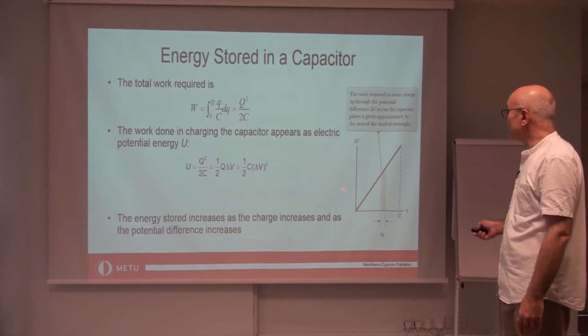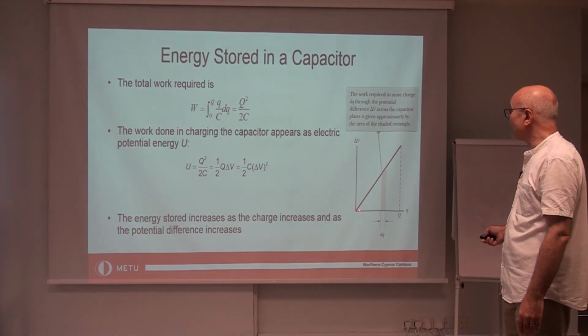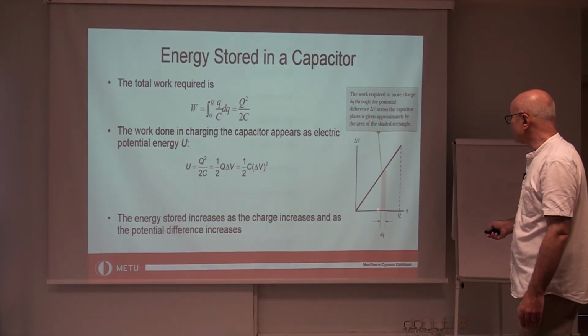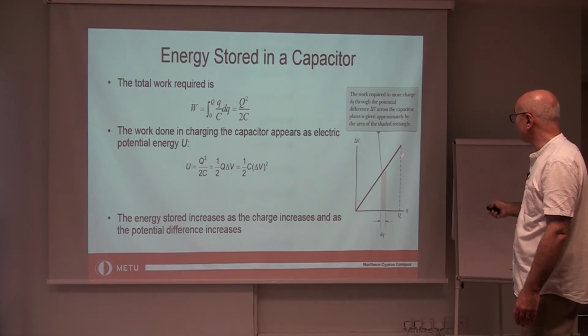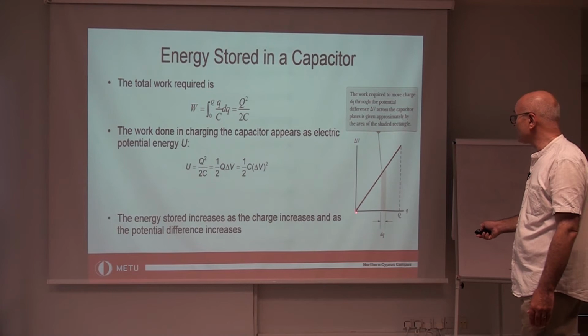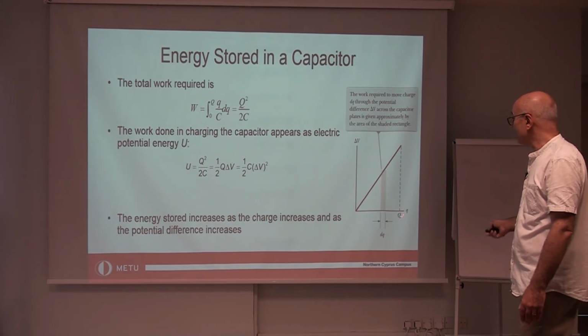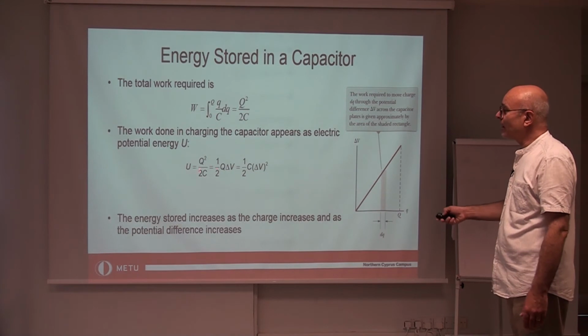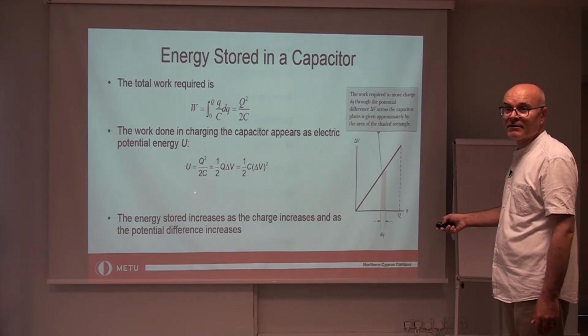So if you want to find this integral, it is equal to the area under this curve as the Q goes from 0 to capital Q. This is the area of this triangle, and the area of this triangle is just Q multiplied by delta V times 1/2, which can also be written this way, and also this way.